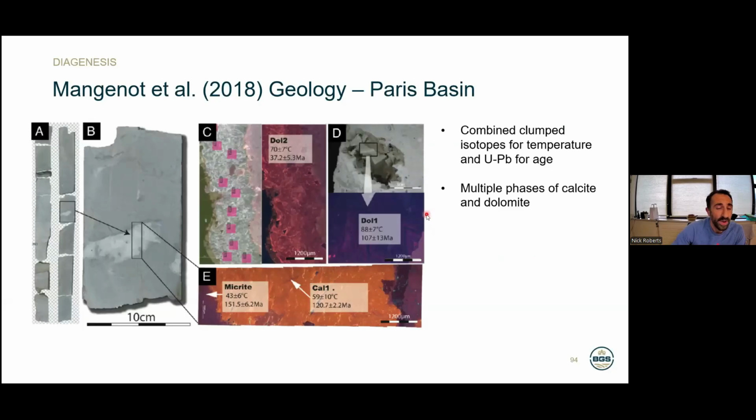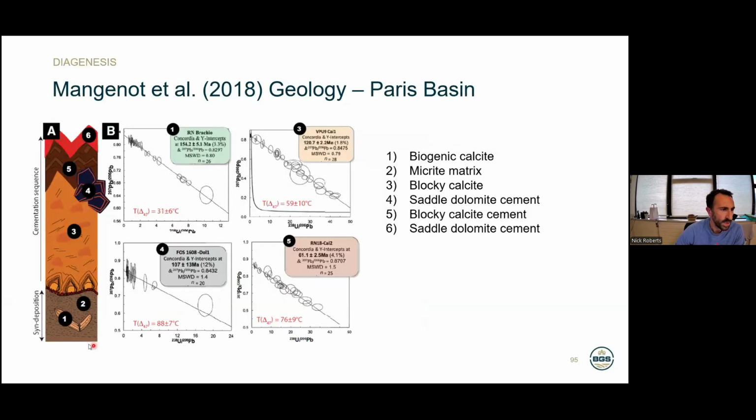So a whole range of applied uses for this technique. Here is one of the really early examples of combining uranium isotopes with clumped isotopes, a really nice study. Basically multiple phases of calcite and dolomite cements within this basin. You can see that in this paragenetic diagram on the left, a really nice sequence of events. And then they've managed to date most of these with fairly precise constraints from the uranium lead method.